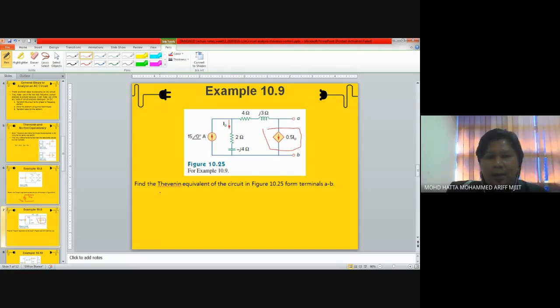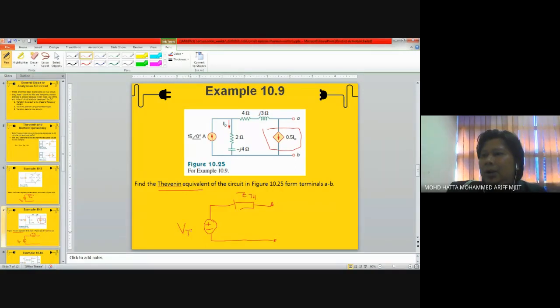The main question here is that we try to come out with a Thevenin equivalent circuit. And remember that a Thevenin equivalent circuit consists of two elements connected in parallel, sorry, in series. We have ZTH and also VTH over here.